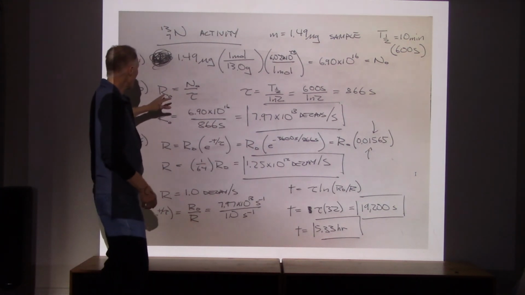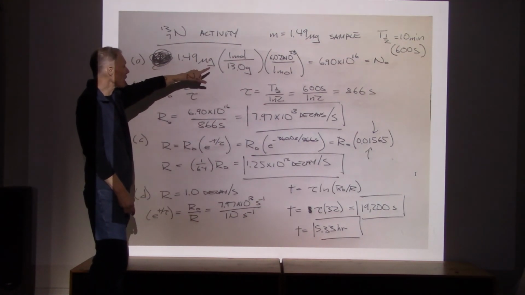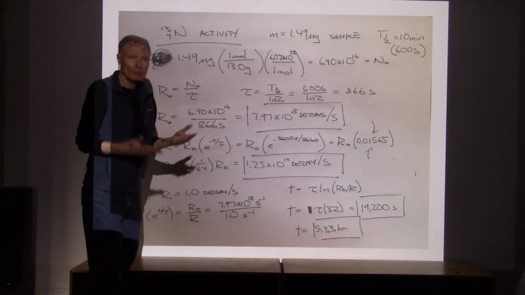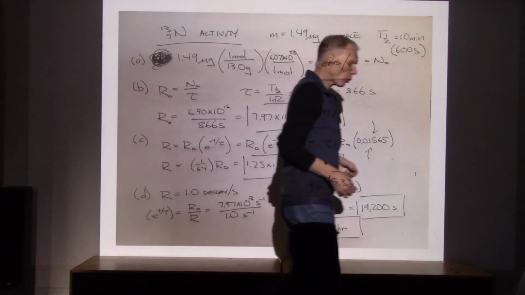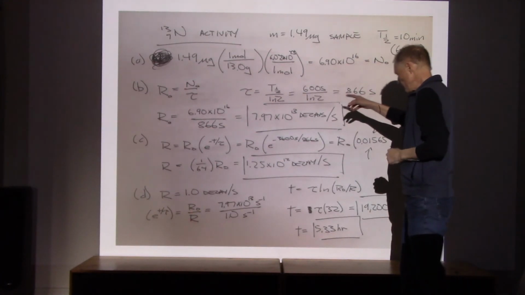And for that, we can calculate R naught by taking the N naught that we've already calculated and dividing through by the lifetime. So the lifetime calculation is here.